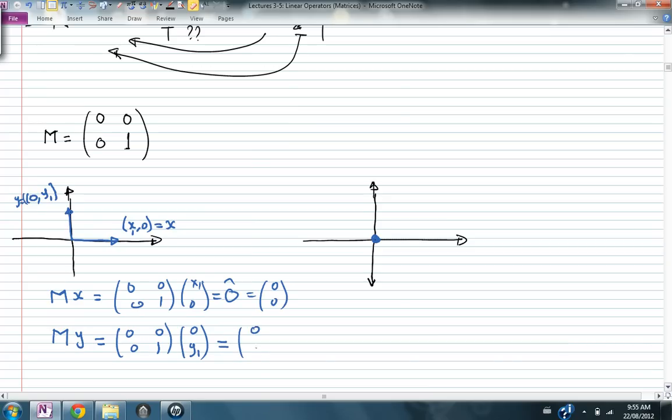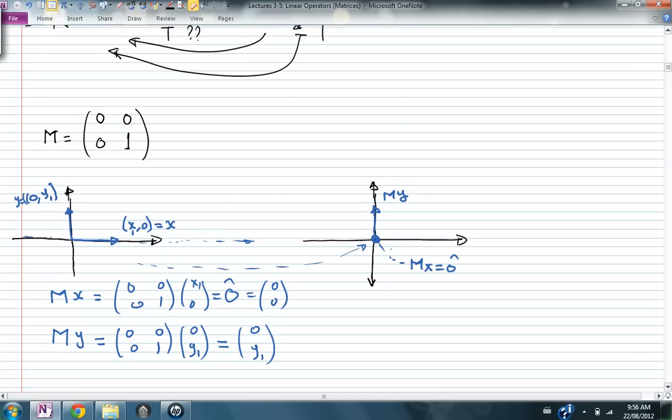This will be equal to 0, y1, and Mx is equal to the 0 vector. Which tells me that there are some vectors here that end up going to the 0 vector. In fact, any vector along this axis will end up going to the 0 vector.